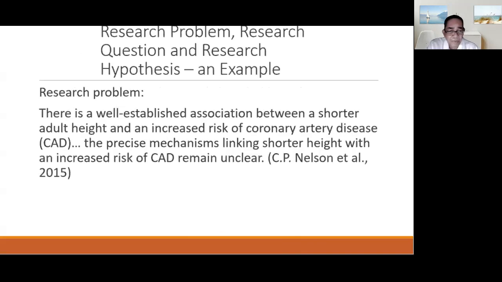Now, let's give an example of a research problem, a research question, and a research hypothesis. First, let's talk of a research problem. There is a well-established association between shorter adult height and an increased risk of coronary artery disease, CAD. And the precise mechanisms linking shorter height with an increased risk of CAD remain unclear.